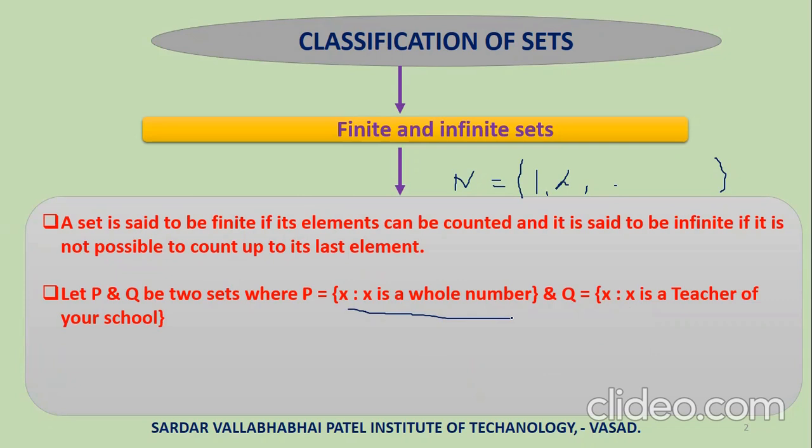So the whole numbers are infinite, and the teachers of your school are obviously finite. Therefore P is infinite and Q is finite. Again, finite means its elements can be counted, and infinite means it is not possible to count up to the last element.